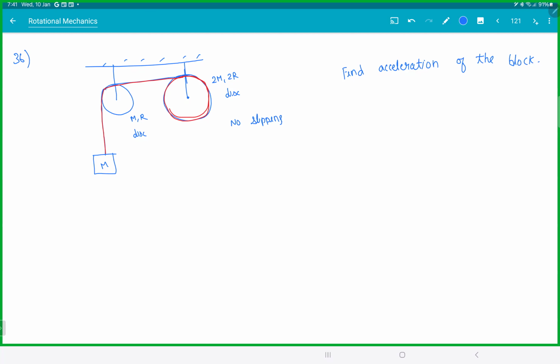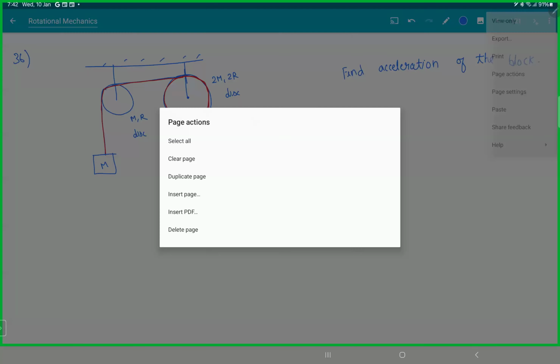Just give me a minute. Let's see whether you got the FBD right. 2g by 7. Okay, now I don't know the answer actually. 2g by 5. Okay, we have two different answers. See whether you got the FBDs and the equations right.